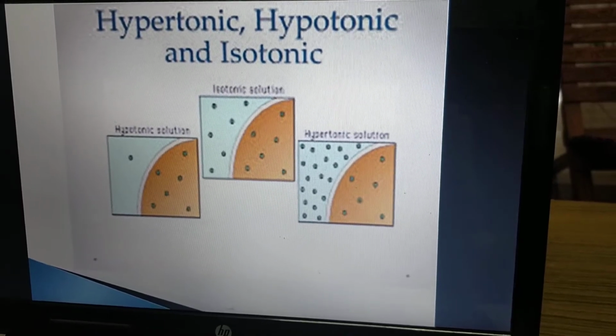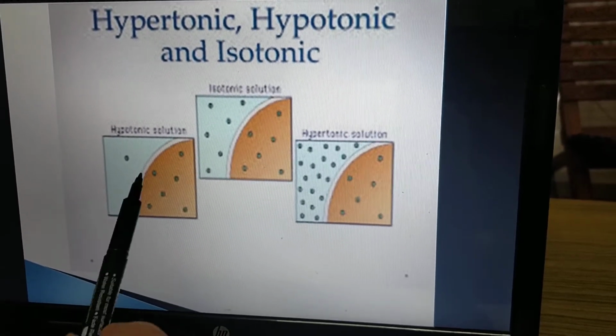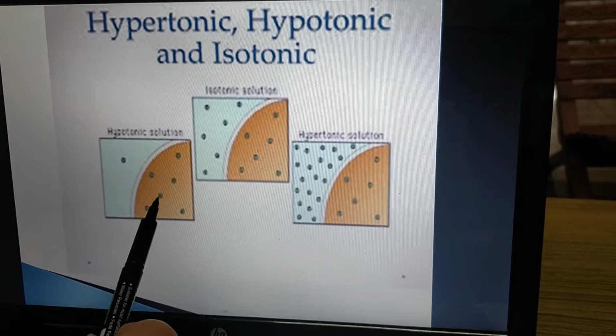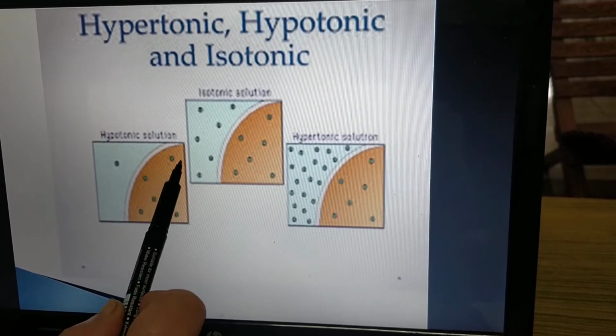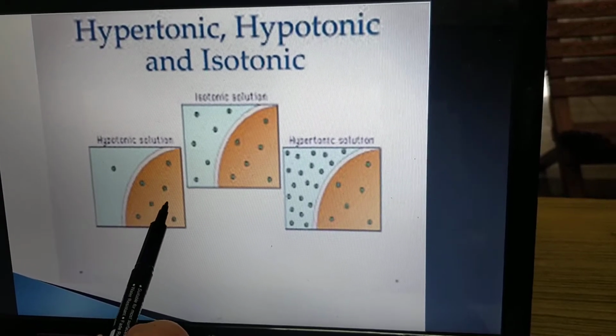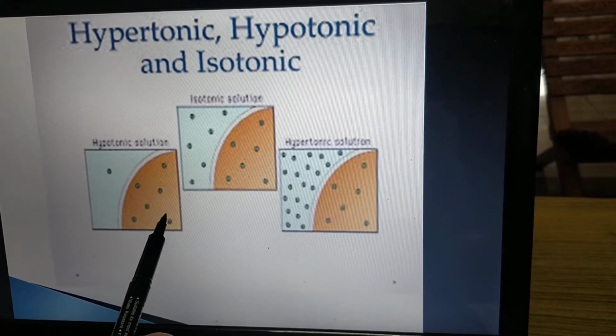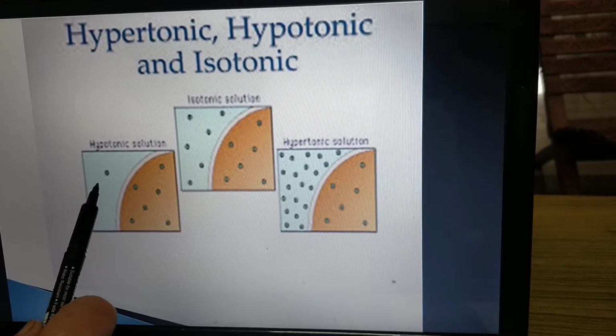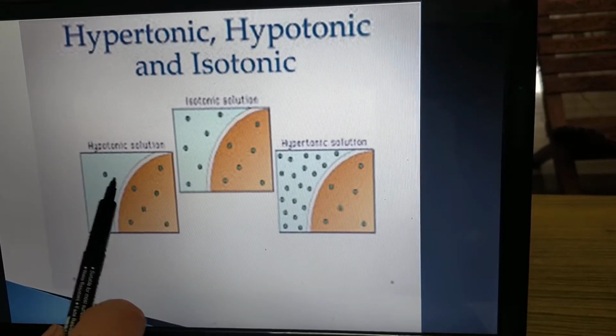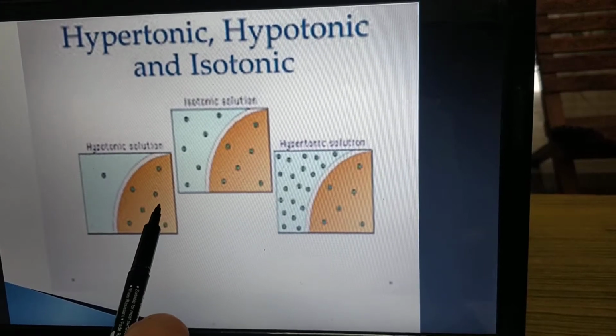See, these dots represent the solute molecules. You see in the cell, ये cell है अंदर, इसमें कितने सारे 6 molecules दिखाए हैं और इसमें सिर्फ एक molecule है. So the outer solution is dilute as compared to inside the cell.